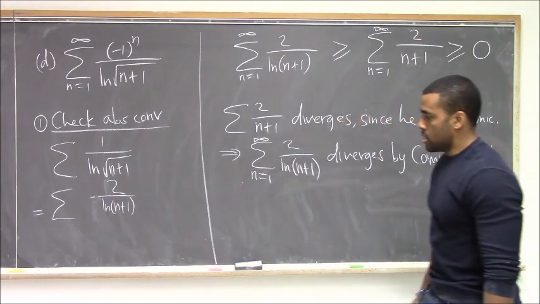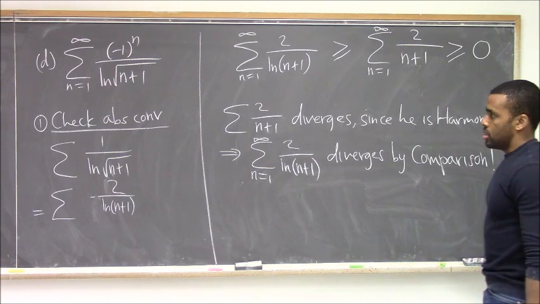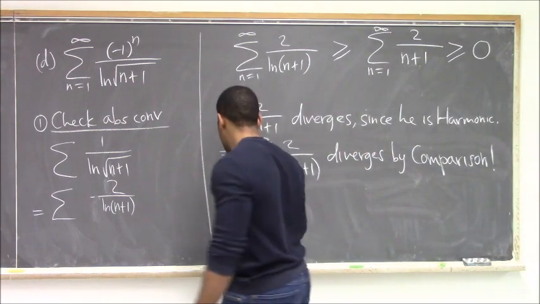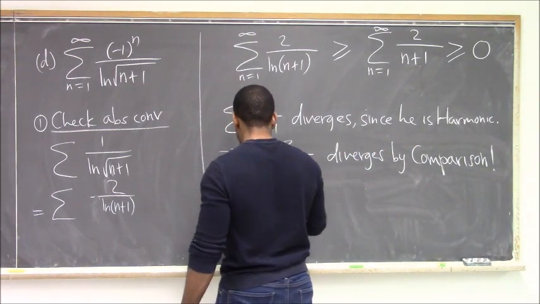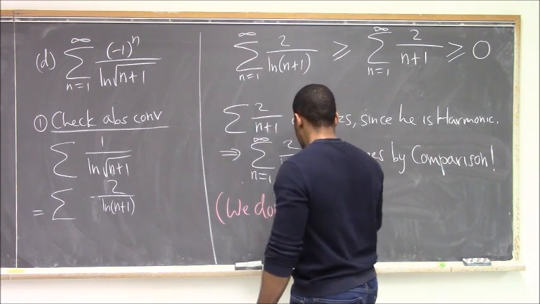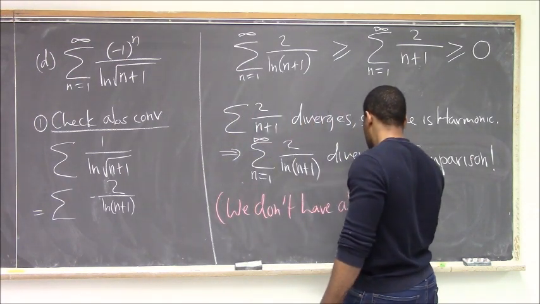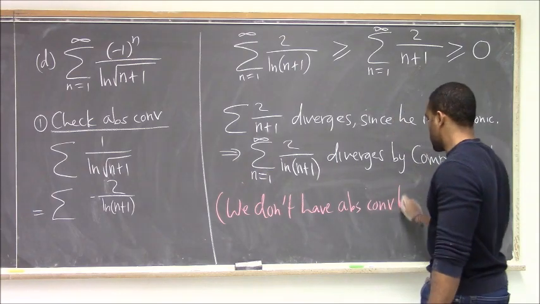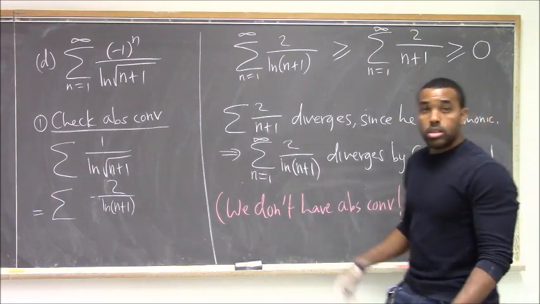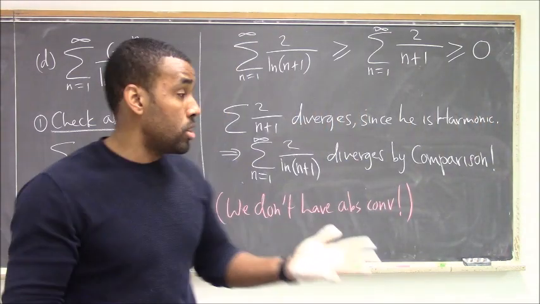What does that mean? Does our series diverge? No. So this basically means we don't have absolute convergence. The series could still converge conditionally.